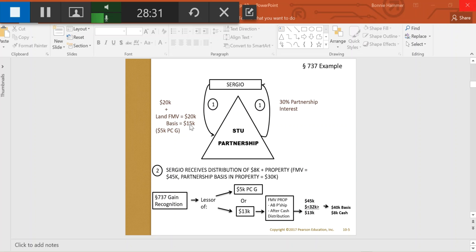I'm going to assume that he held that land as an investment, so it would be a capital asset. And in that case, the realized PC gain was capital gain, or would have been capital gain if he had to recognize it. So now this $5,000 capital gain in year 2 that he has to recognize under section 737 is going to be capital.